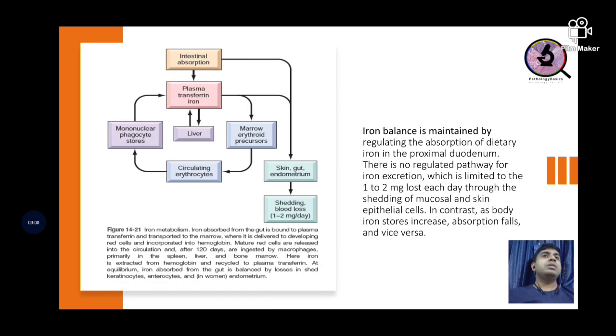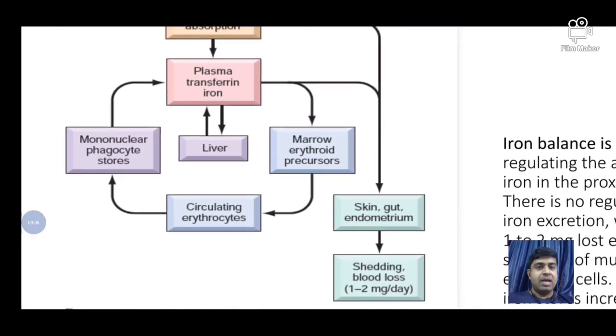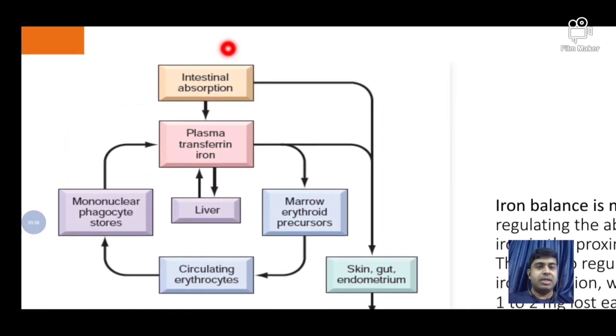Now, how is the iron balance maintained in the body? If we see, iron is absorbed in the intestine. Then after absorption, it travels in association with transferrin. Transferrin carries it to the liver, and whenever the body requires, the liver releases it back into the plasma.